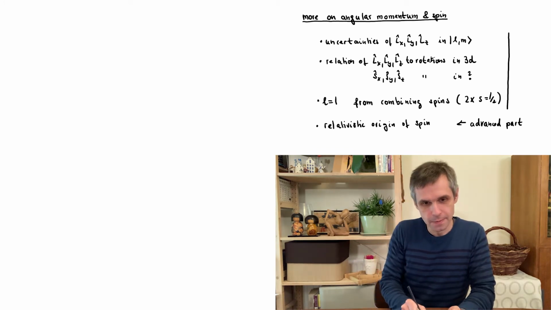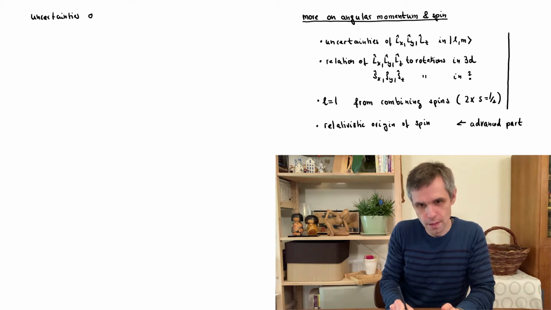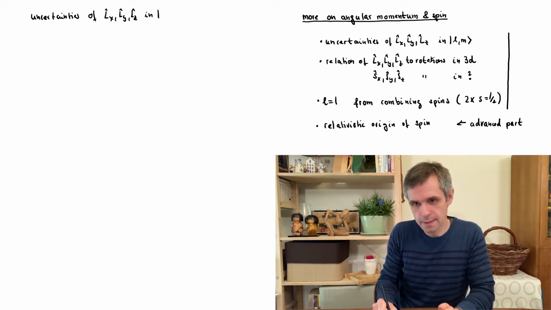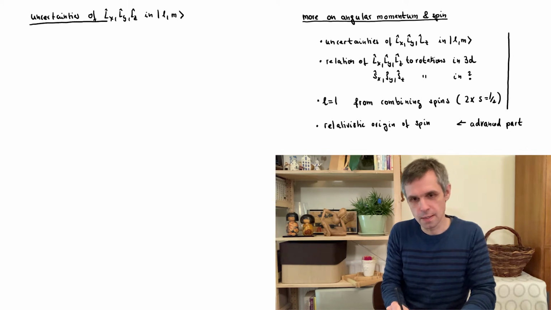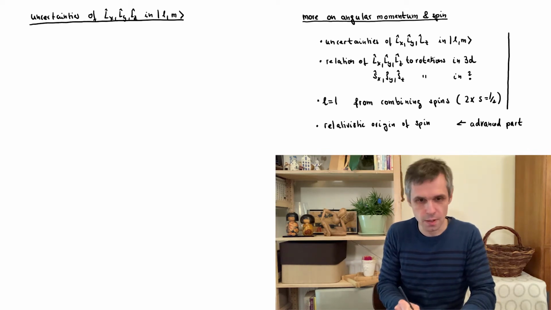Okay, so let us start by working out the uncertainties of these angular momentum components in the state |L, m>. So these are the states for which the following features are true.